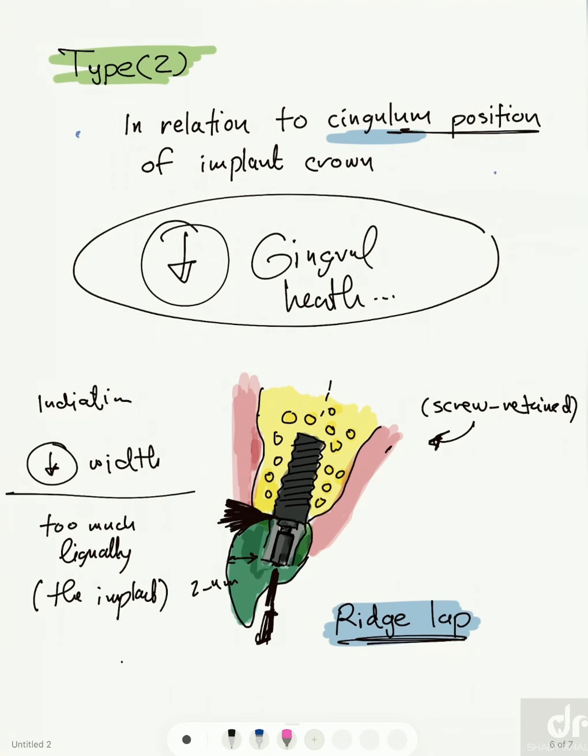It will compromise the gingiva because food is impacted here too much, and it will be very difficult to clean. Even if you make the ridge lap subgingivally, it will also be very difficult. Some authors say that if you make the ridge lap subgingivally as much as you can, it will decrease the food impaction.